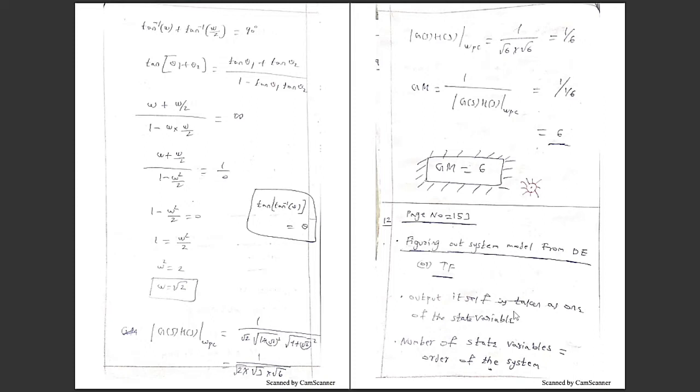The output itself is taken as one of the state variables, and the number of state variables is always equal to the order of the system. So when figuring out the system model from a differential equation or transfer function, the output itself is taken as one of the state variables, and the number of state variables equals the order of the system.